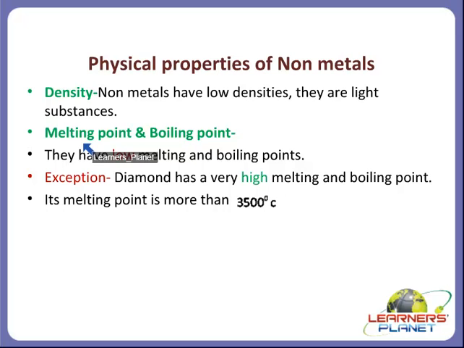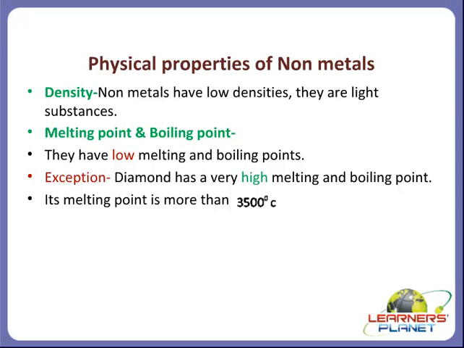Now, melting point and boiling point. They have low melting and boiling points. Why, children? Melting and boiling point is directly related to the intermolecular forces of attraction. Metals are solids, and their forces of attraction are very, very high. Whereas non-metals are either in gaseous state or in liquid state, so the intermolecular forces of attraction are less here.